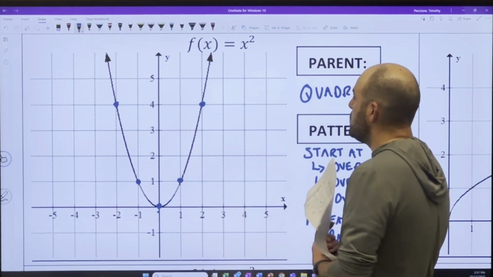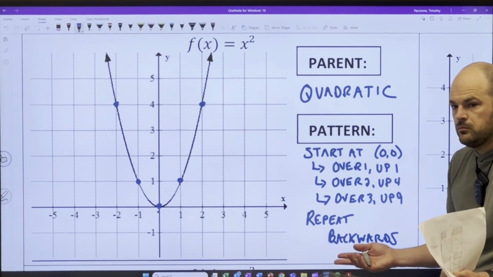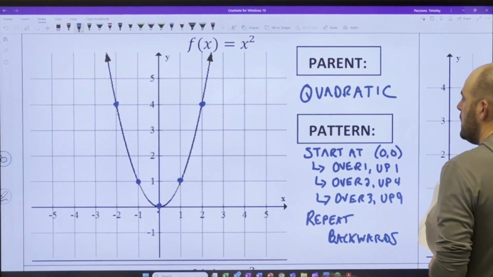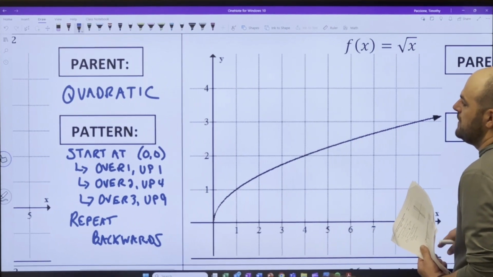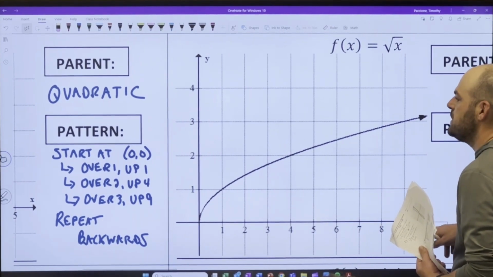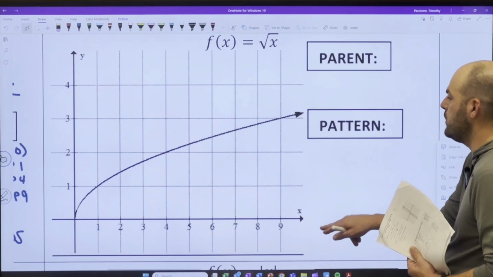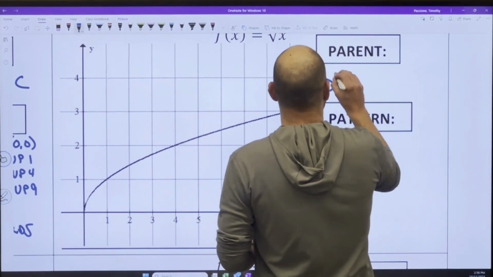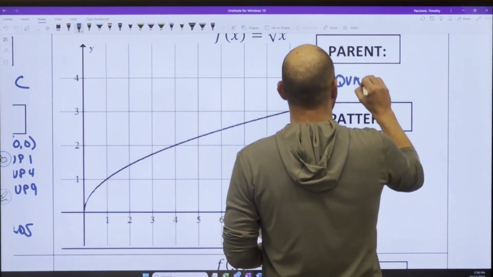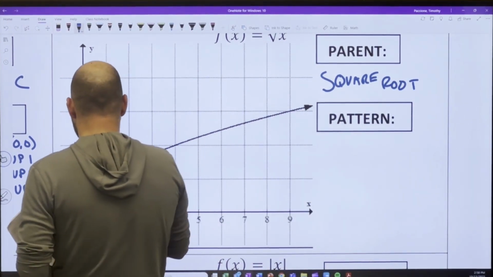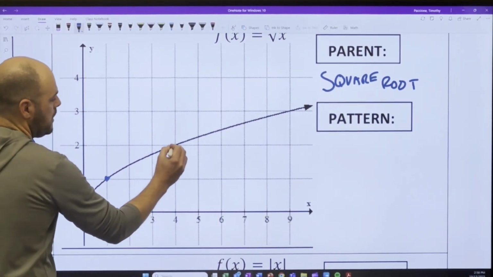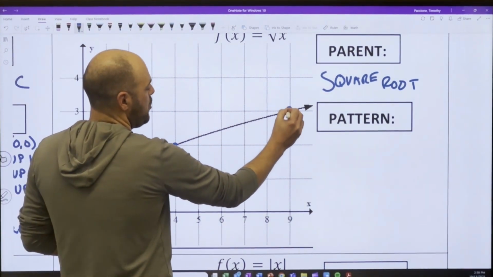All right, so that's your quadratic. Make sense? On to the next one. Not quite. This one is called the square root. And this one has a nice little point here, here, here, and here.